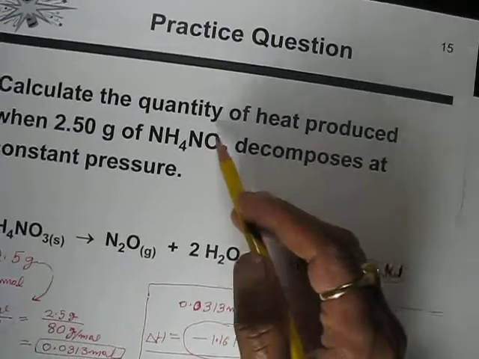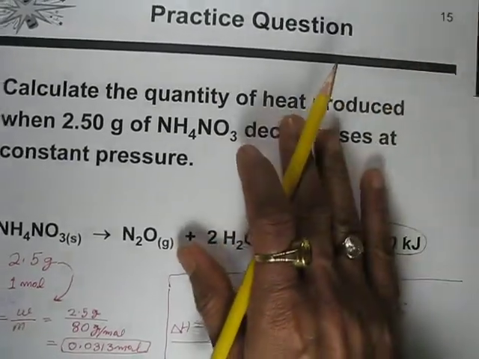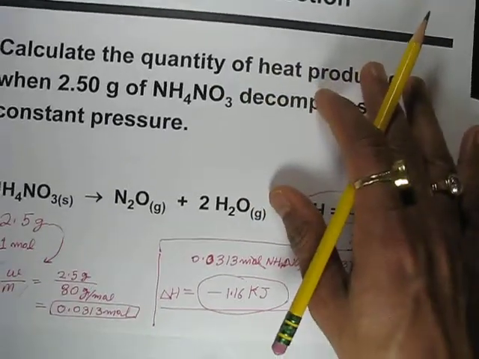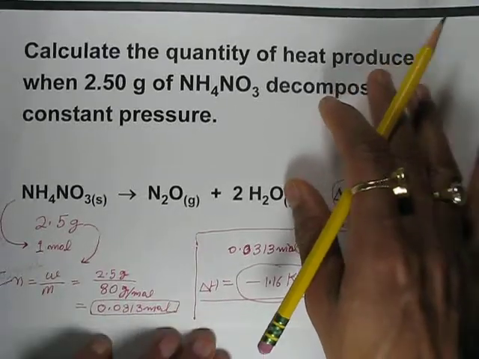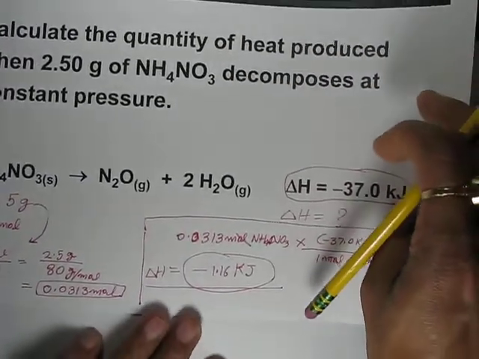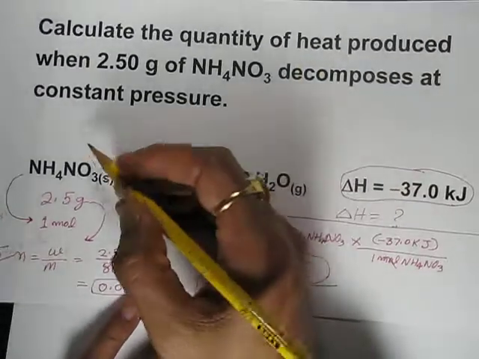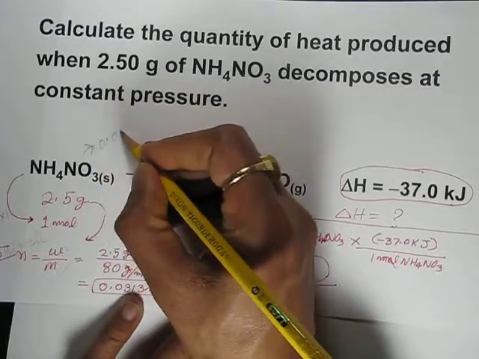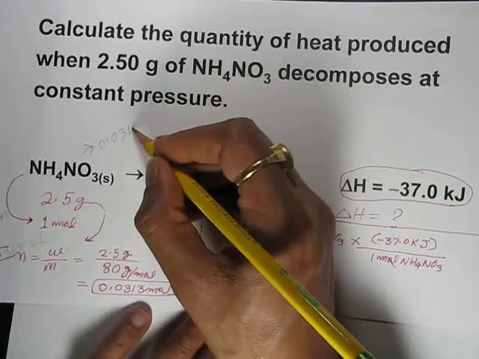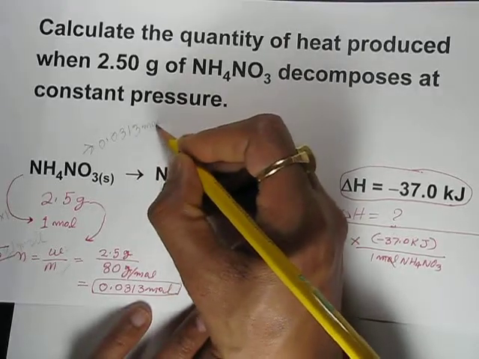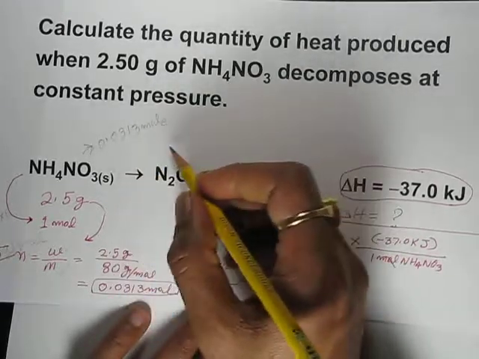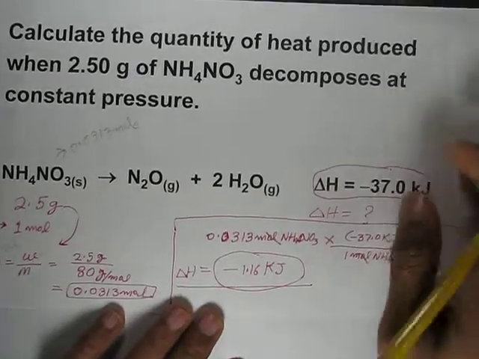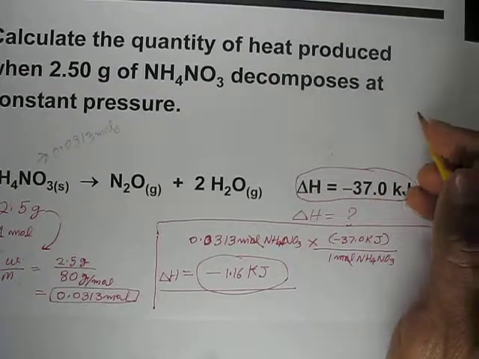So 2.5 gram of ammonium nitrate is equal to 0.0313 moles. Now in the question, they are asking how much energy or enthalpy 0.0313 mole of ammonium nitrate will produce.